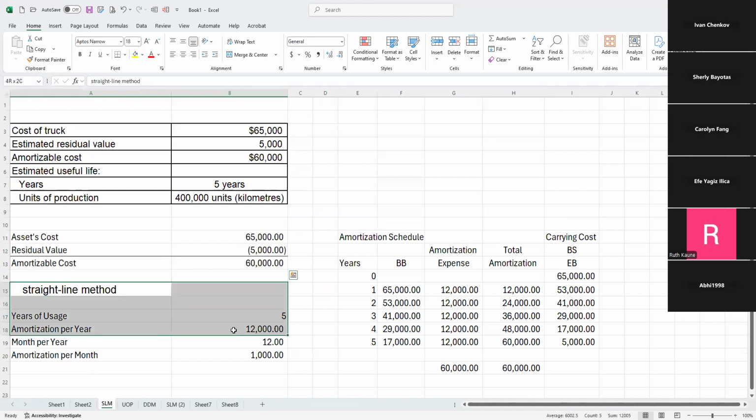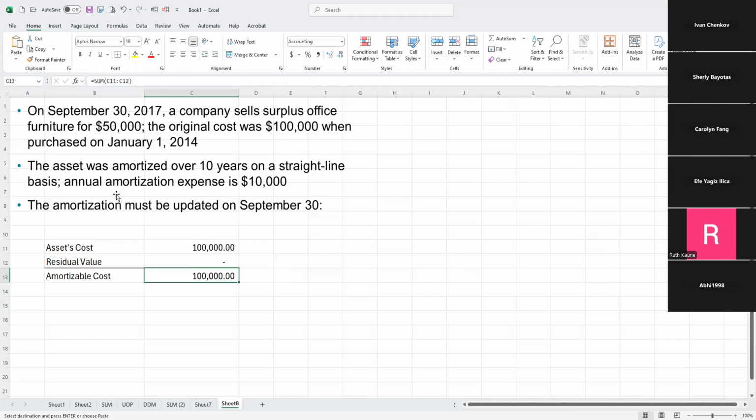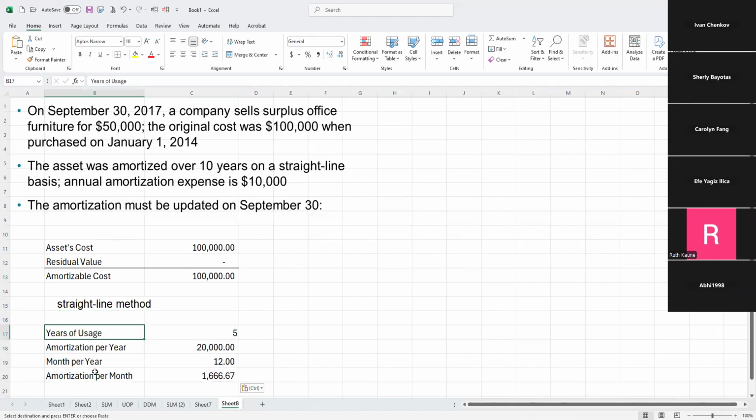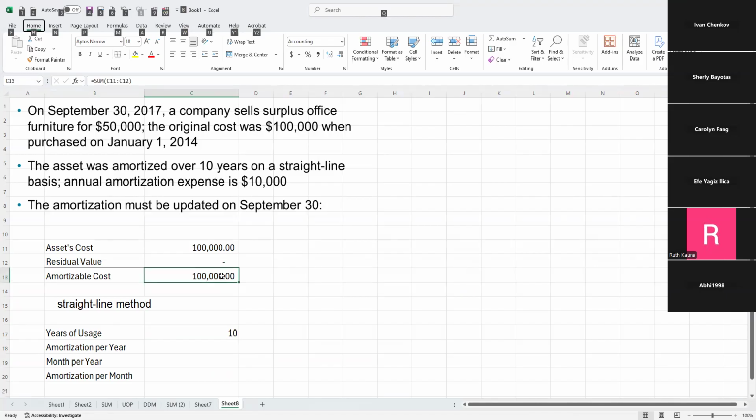Let's keep going with the information. We're using the straight line method, correct? What else do we need for the straight line method? We need years of usage. How many years are they using it? 10 years. What's the amortization per year? 100,000 divided by 10.